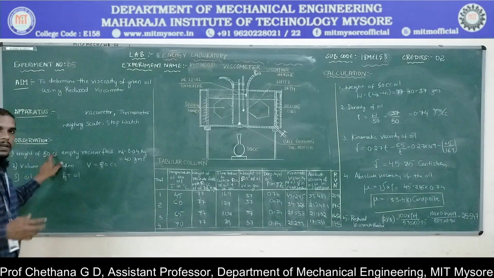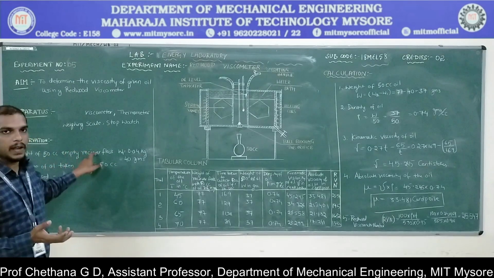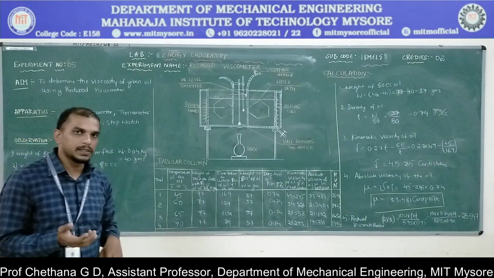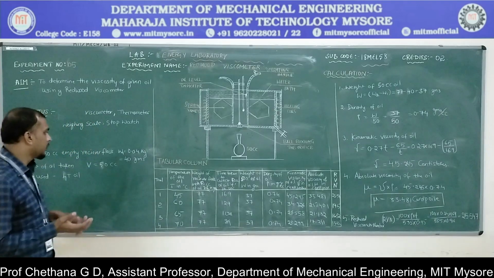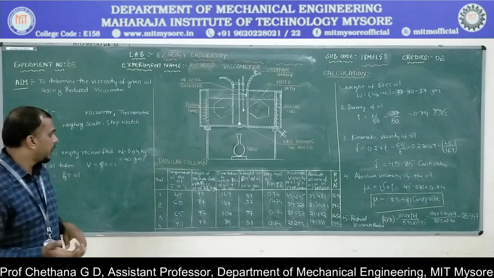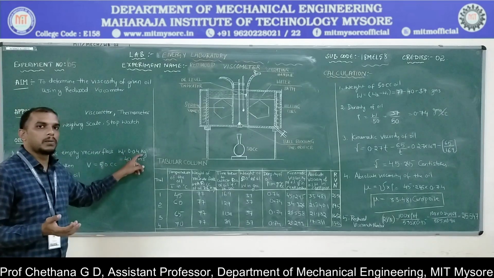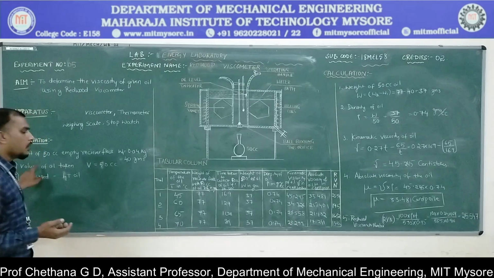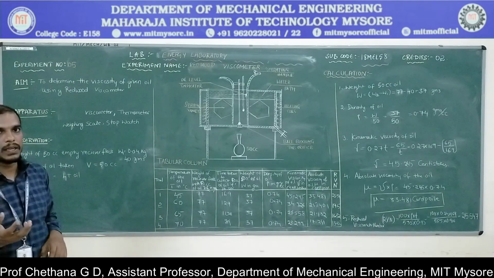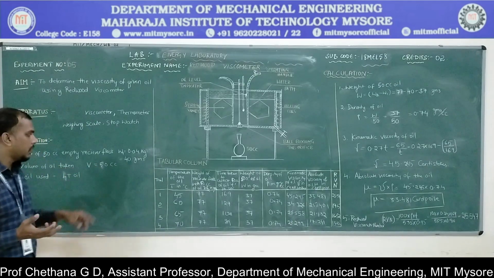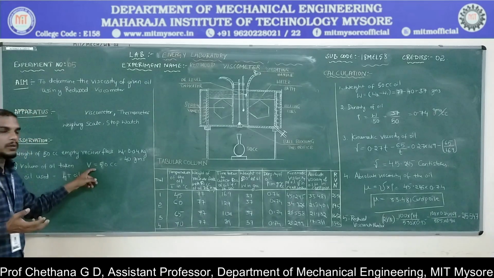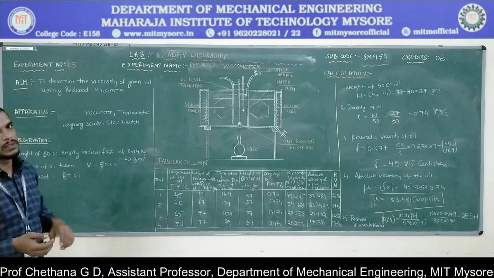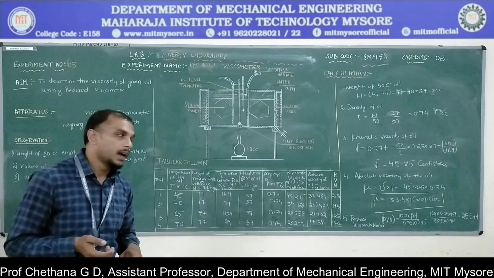First, we have a receiving flask, a 50 cc measuring flask, which we measure empty. We get a weight of 0.04 kg or 40 grams. The volume of oil taken is 50 cubic centimeters, or 50 cc. The oil which we are using is 40 oil.